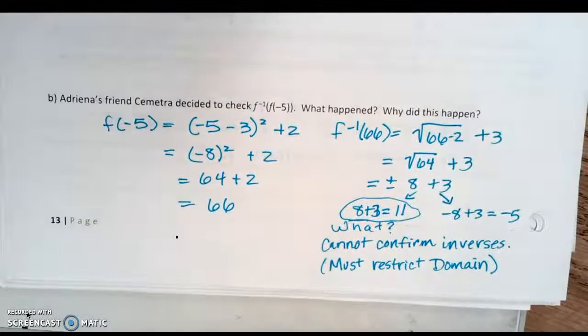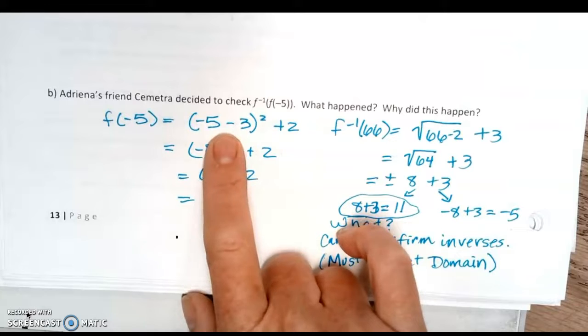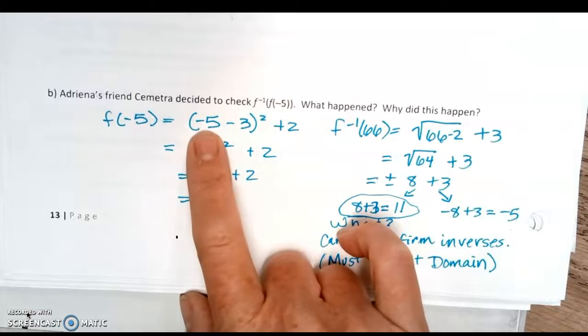Part B says, Adriana's friend Symmetra, is that how you would say that? Symmetra decided to check f inverse of the function of negative 5. What happened and why did this happen? Okay, so we're going to plug in negative 5, and follow our order of operations.